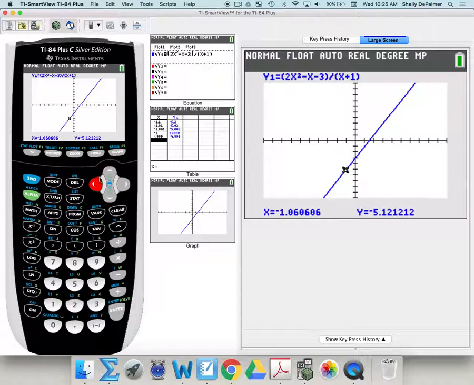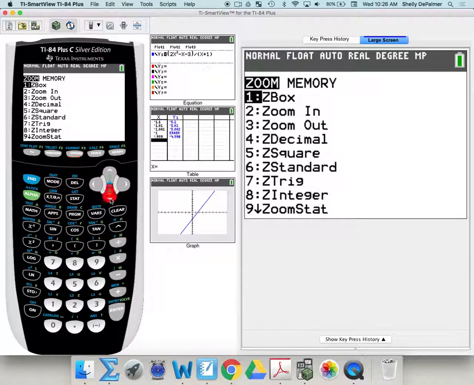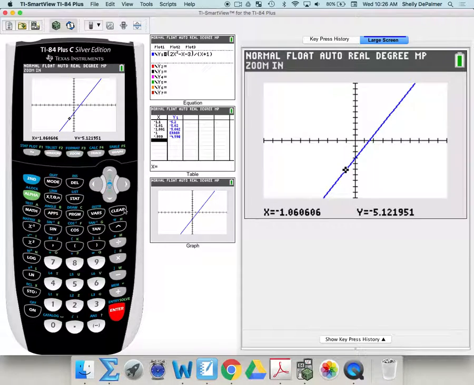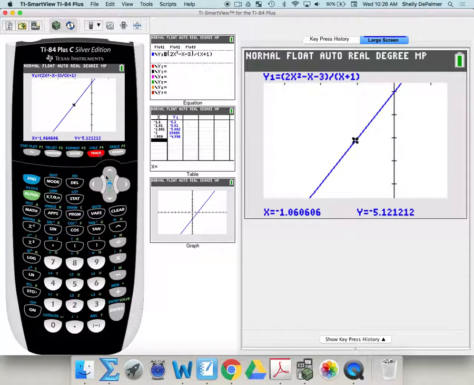If you wanted to zoom in right at that point where x equals close to -1, and if I zoom in and then I trace it, I might be able to get even closer. So if I go to trace, and I'm at -1.06, I can go to the right to get closer to -1.